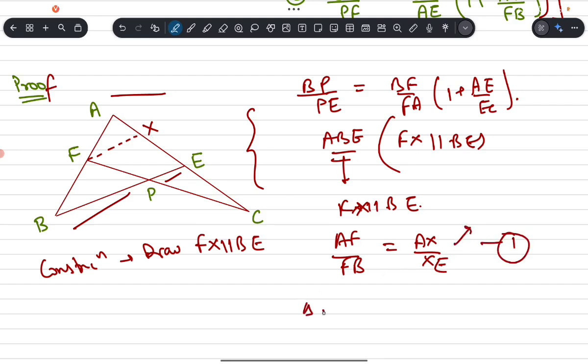We do triangle AFX similar to triangle ABE. How are they similar? Since this angle is common, since these two lines are parallel, this angle is equal to this corresponding angle, and this is also equal to this. Again corresponding angles. So by AAA, they are similar, and then we have these ratios. So I can say that, right?